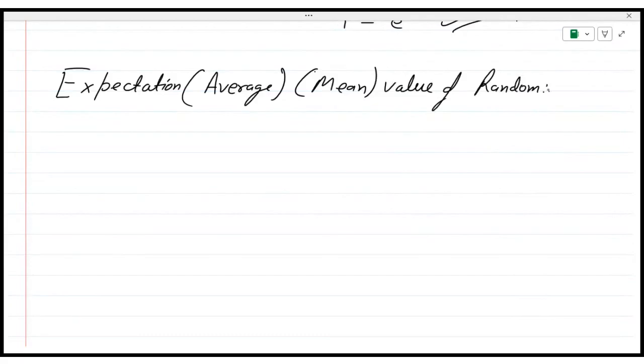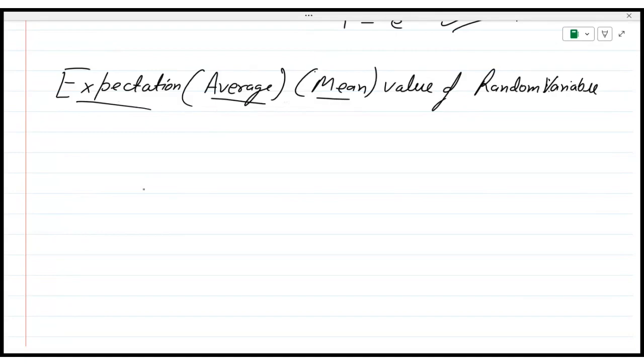Okay. What is the meaning of expectation? What is the meaning of average? What is the meaning of mean? Okay. So all these are the same thing. They have different names: expectation, average, mean.